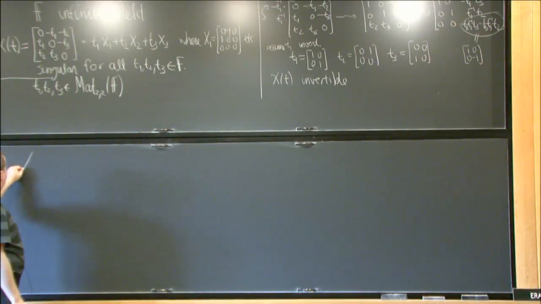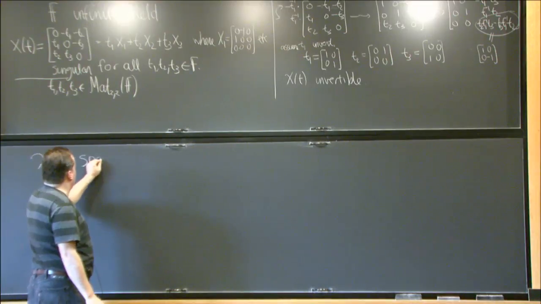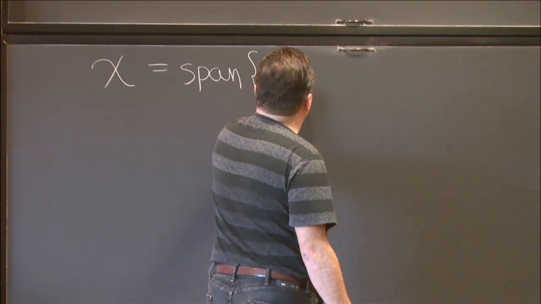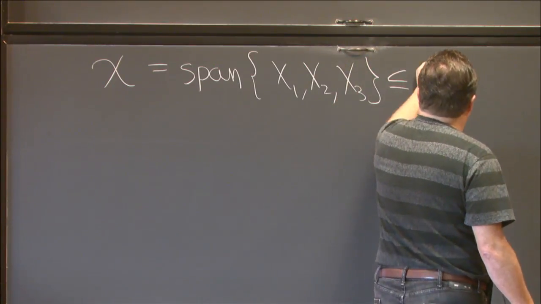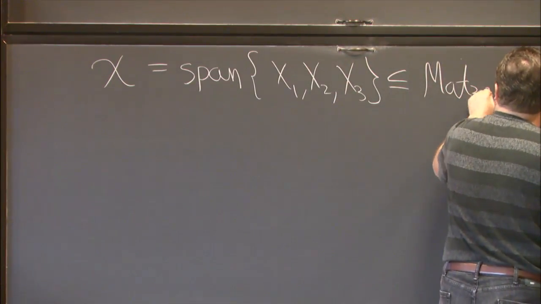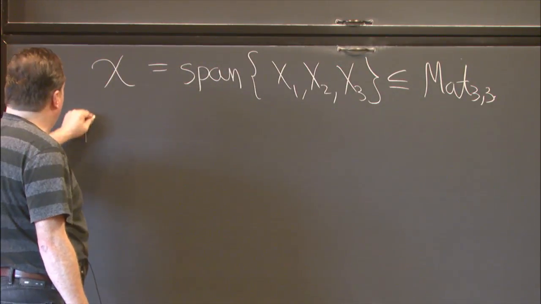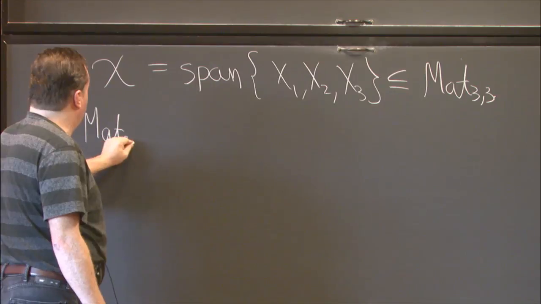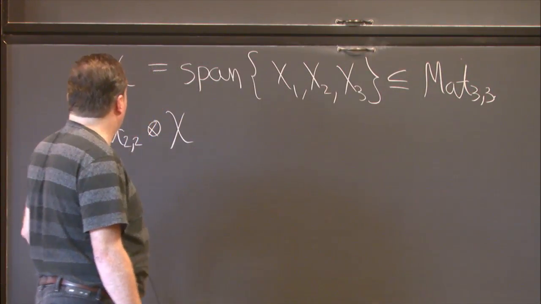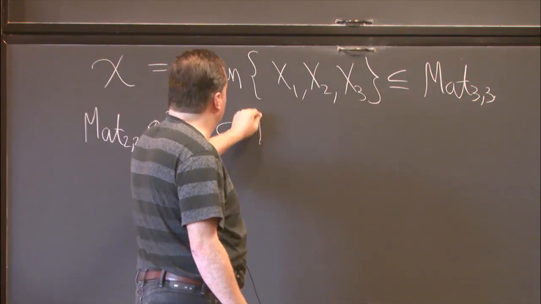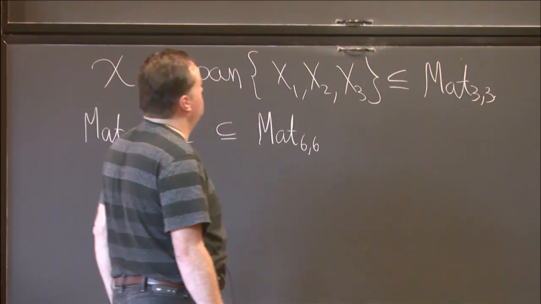So a slightly different way to look at this is we can also look at X to be, say, the span of these 3 matrices. And then we could take the tensor product, or maybe we should say Kronecker product. So we can view this tensor product as lying inside 6 by 6 matrices.